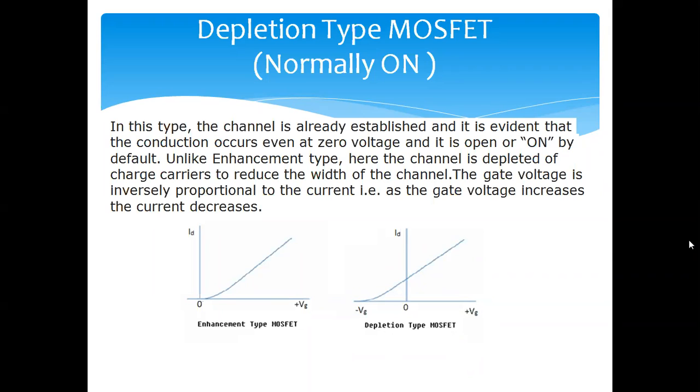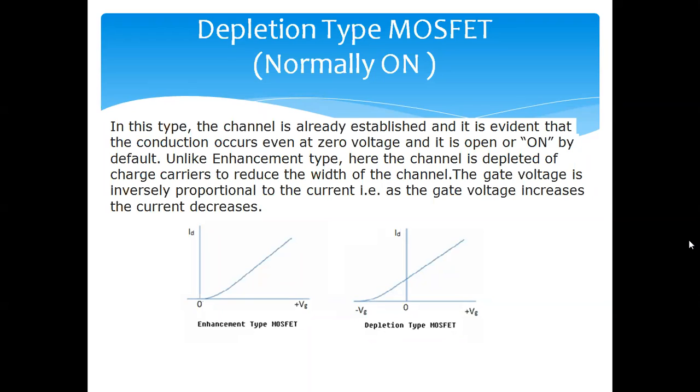The gate voltage is inversely proportional to the current. As voltage decreases, current increases; voltage increases, current decreases. There is an inverse relation between the gate voltage and drain current in depletion type MOSFET.